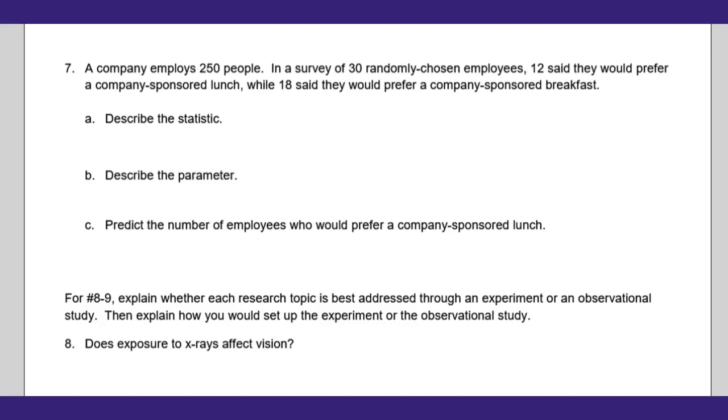The first statistic is the people that said lunch, the lunch crew: 12 out of 30 said lunch. That's a stat. For the breakfast, that stat would be 18 out of 30.